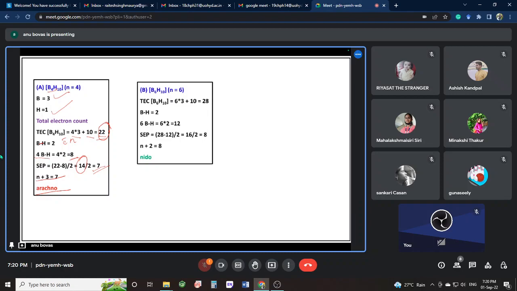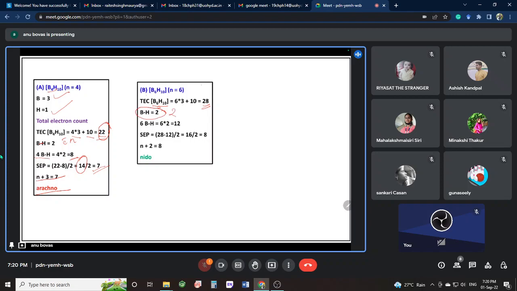Now the second option given to us is B6H10. Solving similarly to option A, we get the total electron count as 6 boron atoms into 3 valence electrons plus 10, which gives 28. Each BH fragment requires 2.